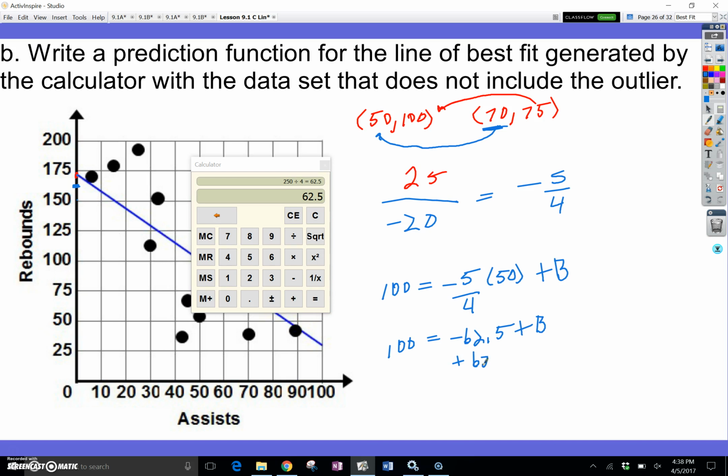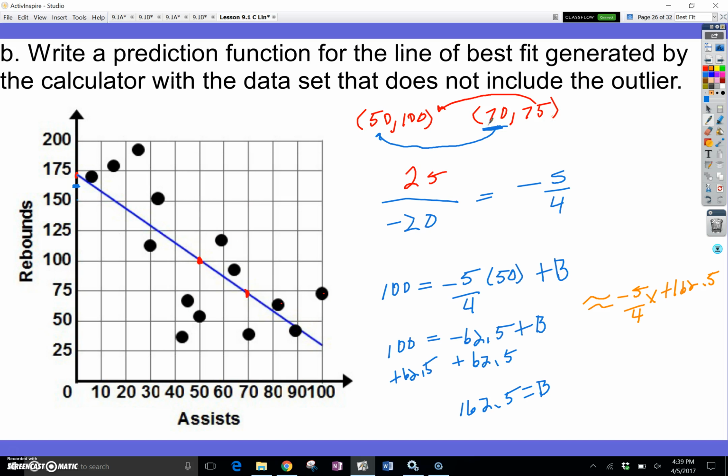I would just add 62.5 to both sides to get 162.5 is equal to b. Therefore, my equation, and remember this is not exact, is about negative 5/4 x plus 162.5.